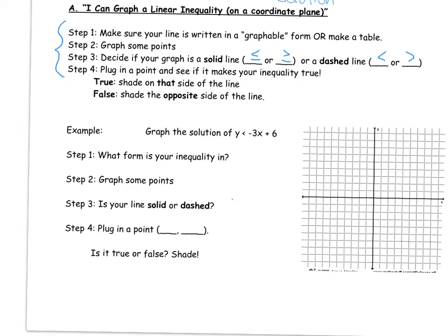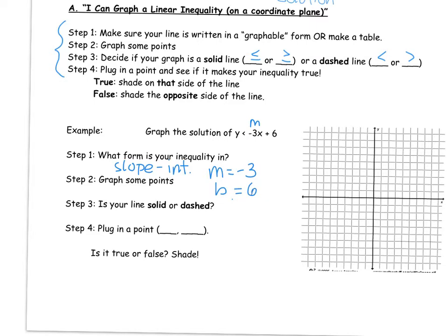What form is your inequality in? Hopefully you recognize y equals mx plus b, slope-intercept. So graph some points. Slope means m: m equals negative 3, b equals 6.